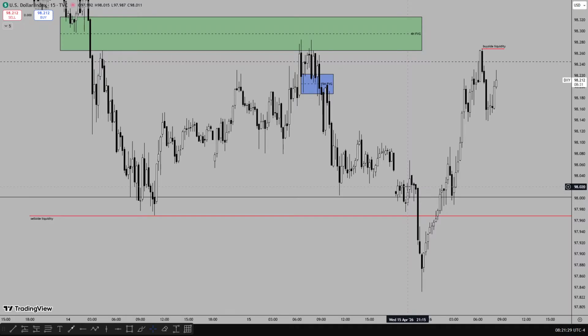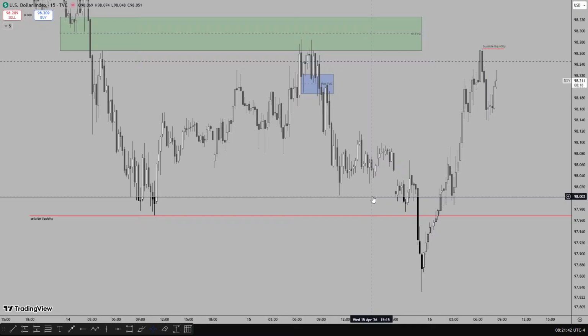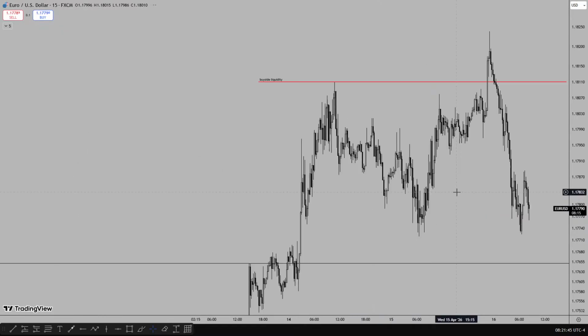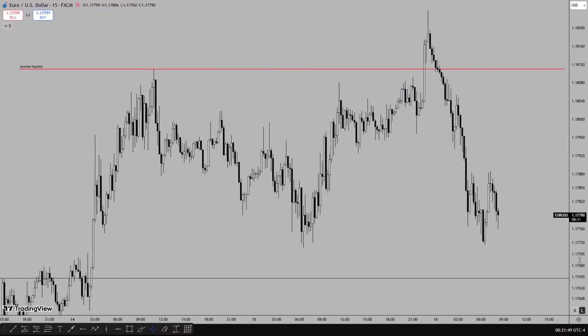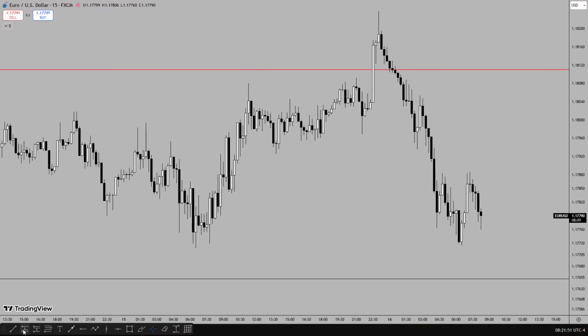After the spread went down on my brokerage account, that was when I actually took profits. And it was a buy on Euro USD. So you can see I still have the setup to the buy side liquidity. And if I were to draw the trade out, here is the trade.